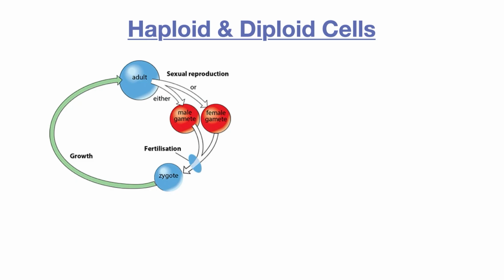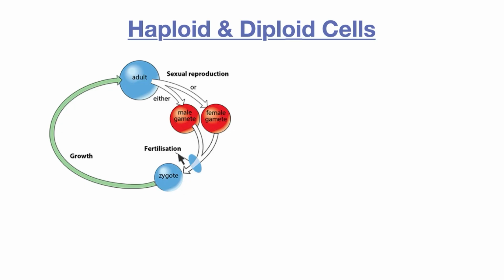How come the gametes are only contributing 1 set of chromosomes? We just said earlier that most human cells are going to be diploid. But in order for a gamete to contribute only 1 set, that means that it would have only had 1 set. It would not have been diploid. See, only if each gamete has only 1 set of chromosomes will the zygote then end up with 2 sets.